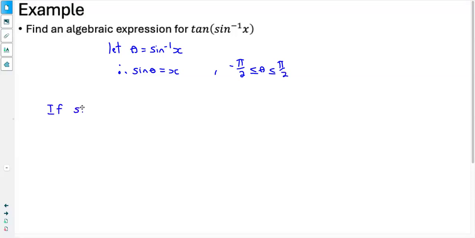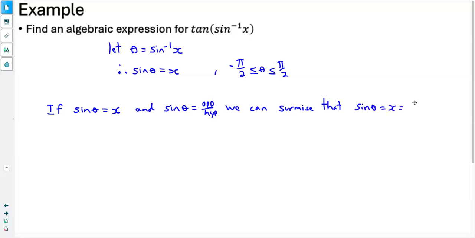Now, if sin theta equals x, and we know that sine of an angle is our opposite over hypotenuse, we can surmise that sin theta equals x is the same as saying equals x over 1.